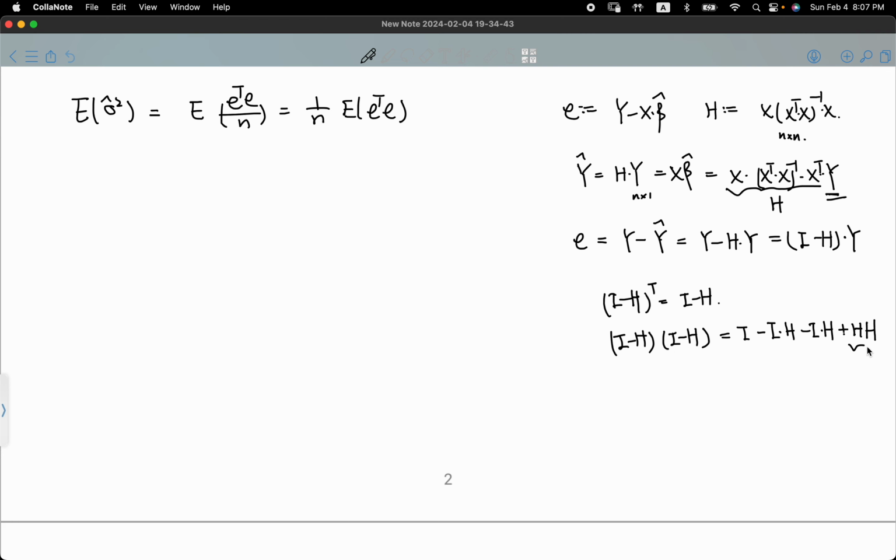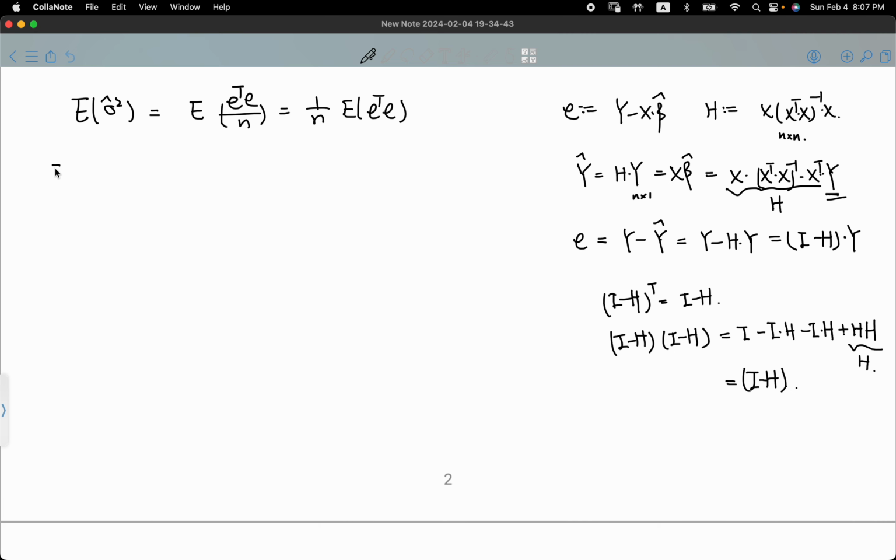H multiplied by H is just H. I multiplied by H is also H. Minus one copy, minus another copy, plus another copy of H gives I minus H. So, idempotent. Here are just the side notes that we want to make.